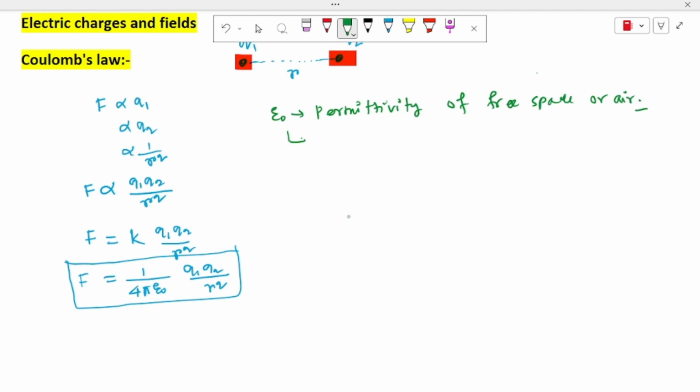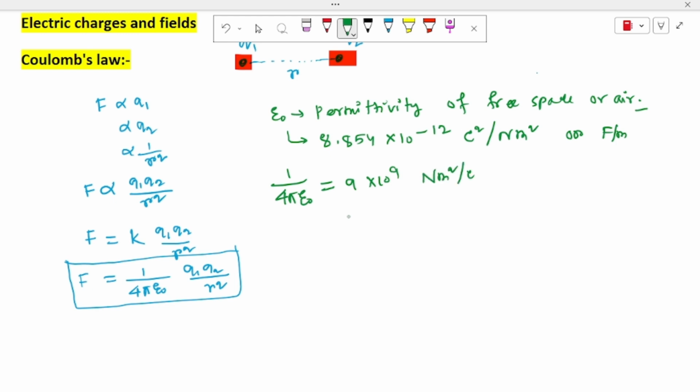The value of epsilon naught is 8.854 into 10 to the power minus 12 coulomb square per Newton meter square, or sometimes we use farad per meter. Then the value of 1 by 4 pi epsilon naught is equal to 9 into 10 to the power 9 Newton meter square per coulomb square.